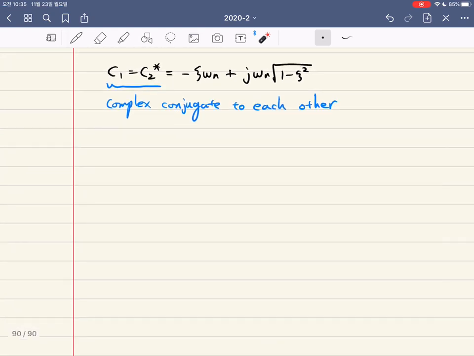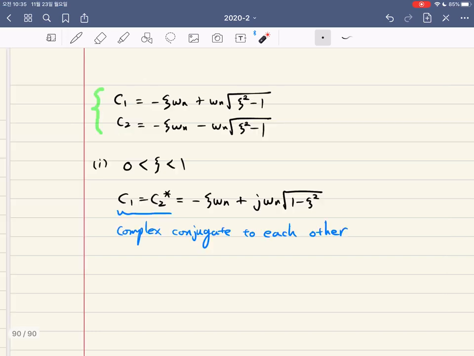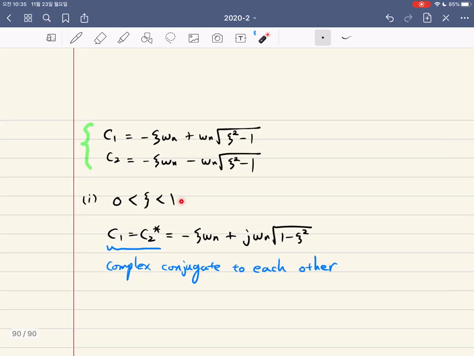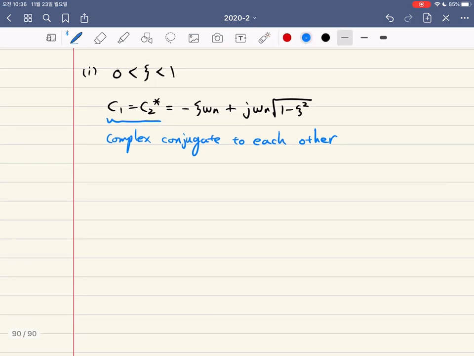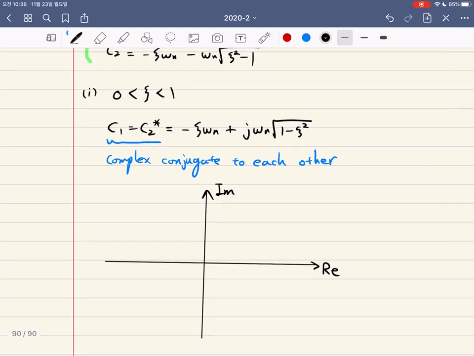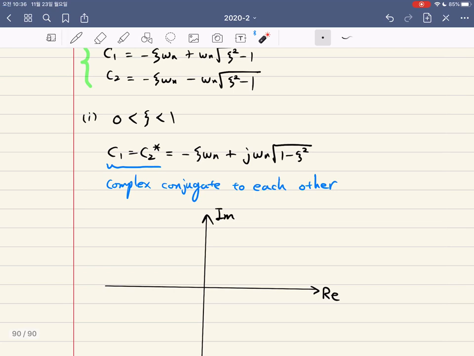And if you locate your two poles in the S domain when you have this condition, then it will be like this. As always, this is the real axis and this is the imaginary axis, and you have the same real part.